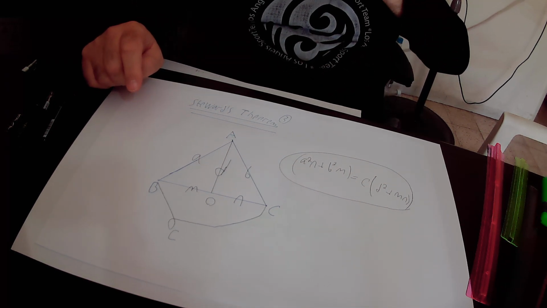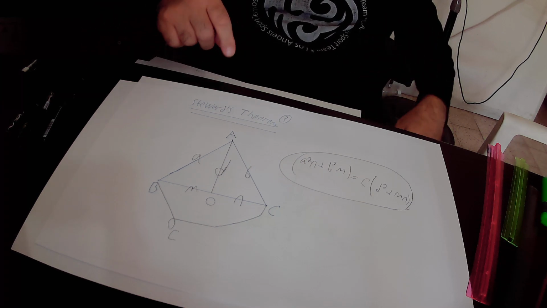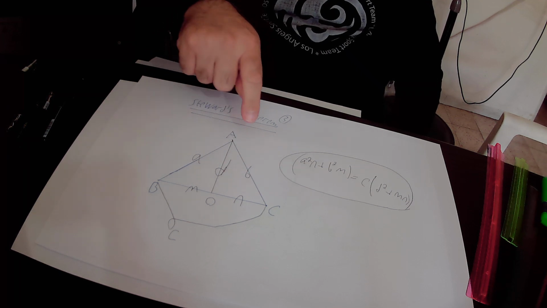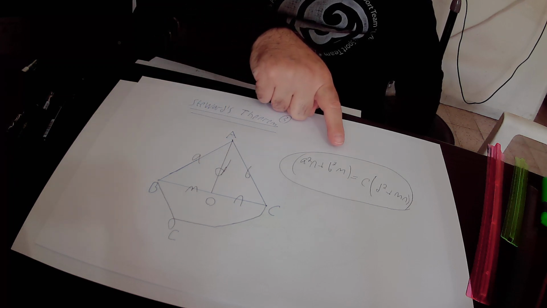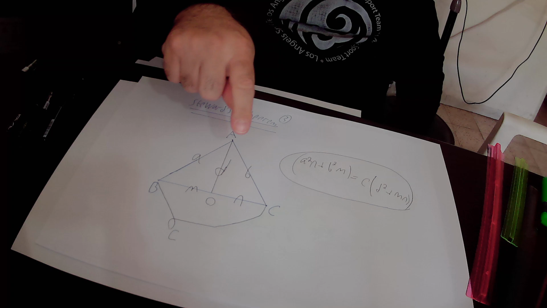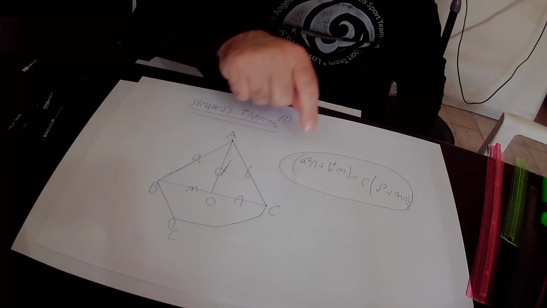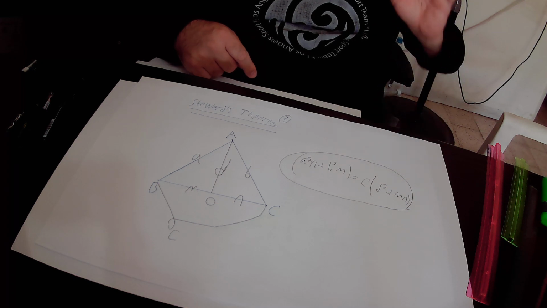So according to Stewart's theorem, the following equation is true: A squared times N plus B squared times M equals C. C is the length of side BC, and inside the brackets we have D squared plus M times N. So it is C times (D squared plus MN).